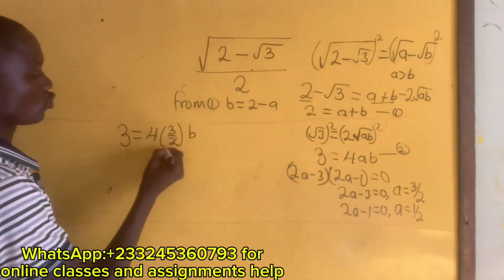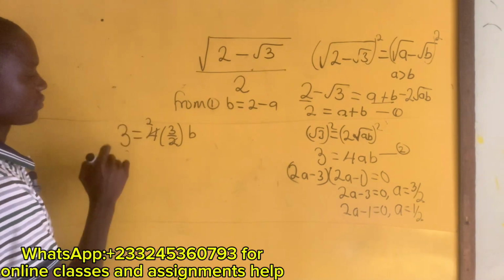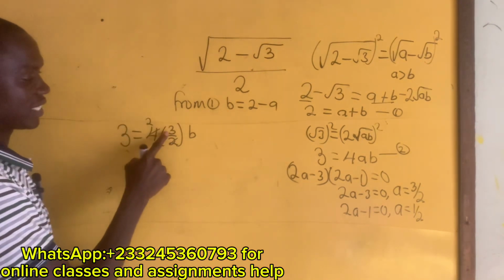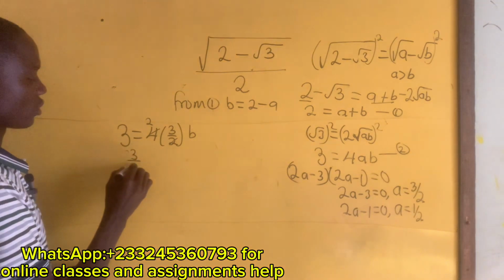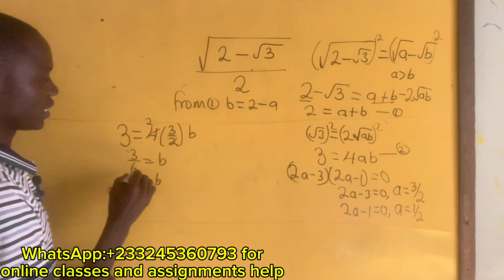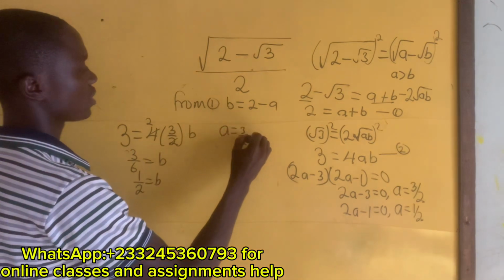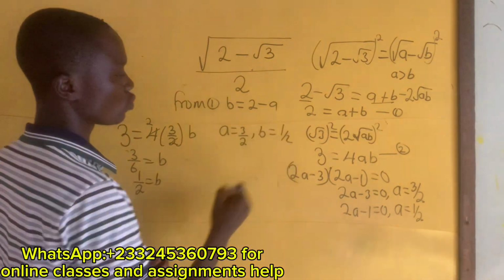You see that this 2 will cancel this 4 to get 2. So here, look at this. 2 times 3 is 6. So we have 3 on 6 equal b. 1 on 2 equal b. Correct. So if a equals 3 on 2, b equals 1 on 2.